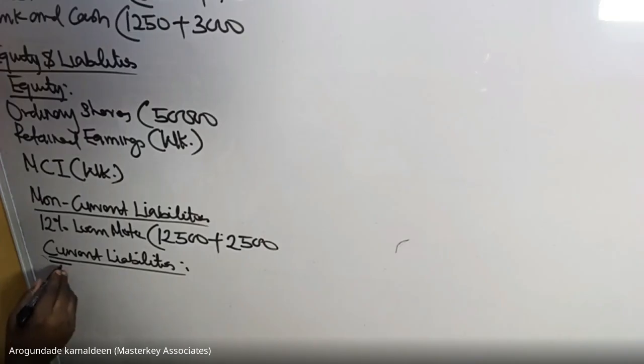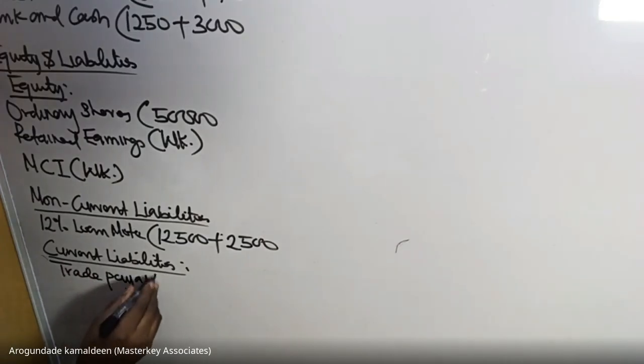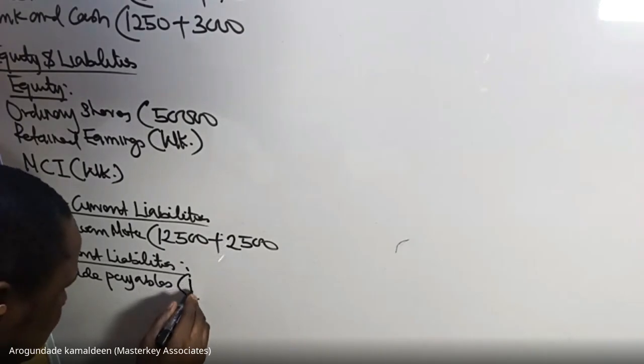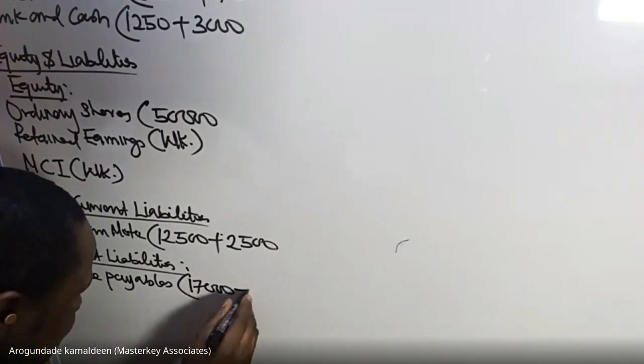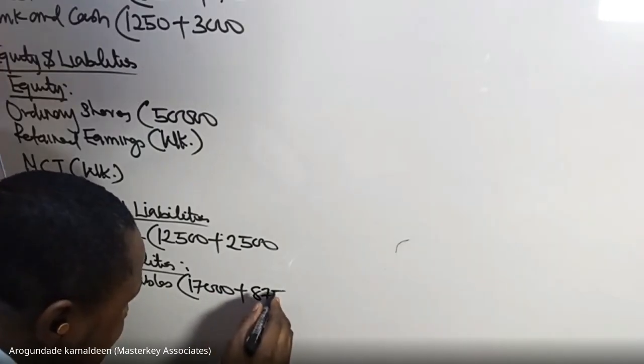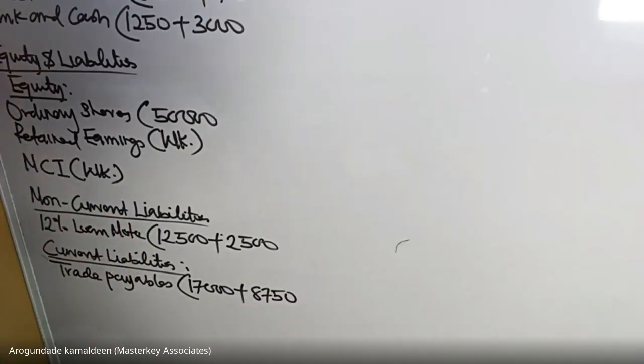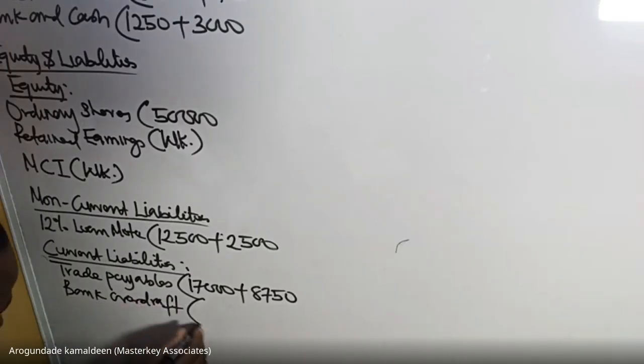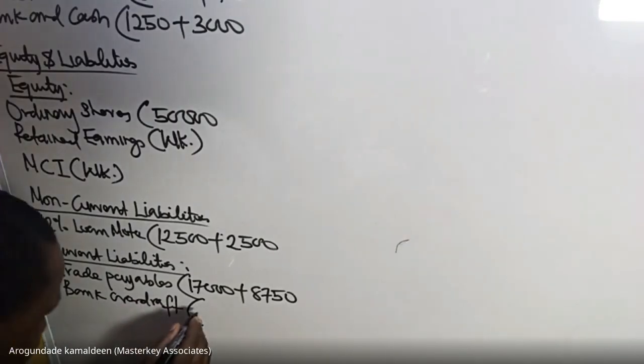Trade payables: the parent, 17,000. Subsidiary, 875. You have no business at all with the associate. Bank overdraft: the parent is 14,000.